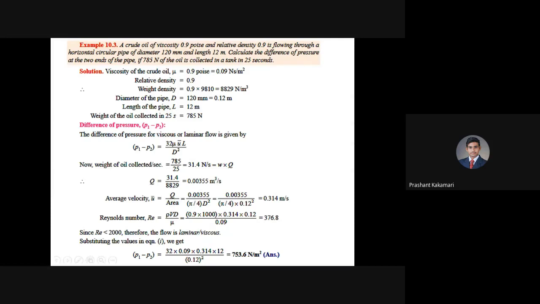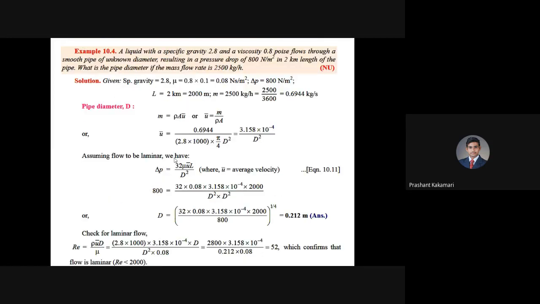Okay, now this is the problem regarding directly using the Hagen-Poiseuille's equation. Next one we can see: a liquid with specific gravity. Please recall the fluid properties chapter and how we need to convert all these units once again. Here specific gravity is given, that is 2.8, and a viscosity of 0.8 poise flows through a smooth pipe of unknown diameter.